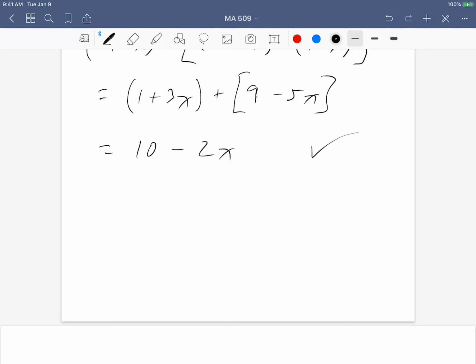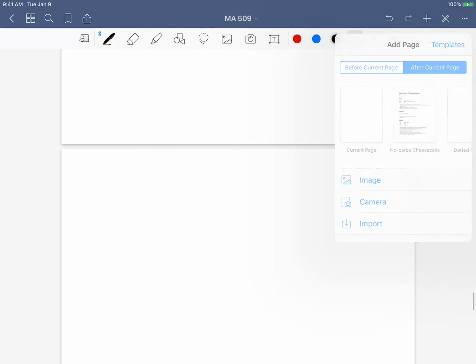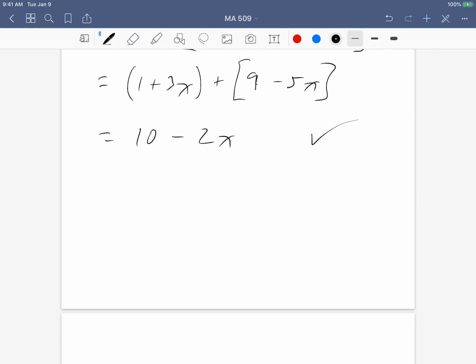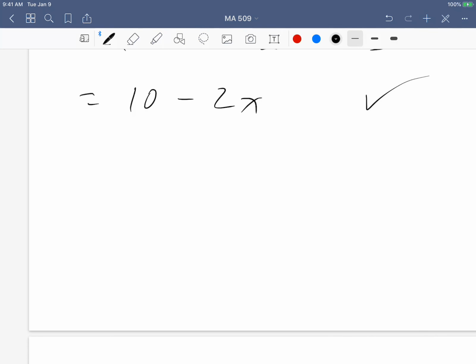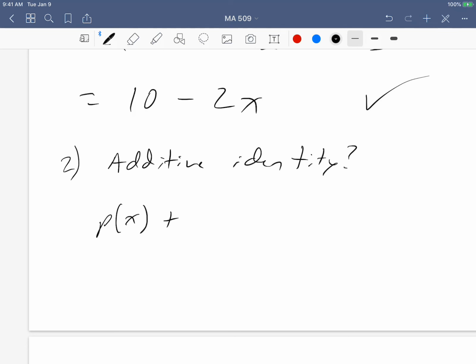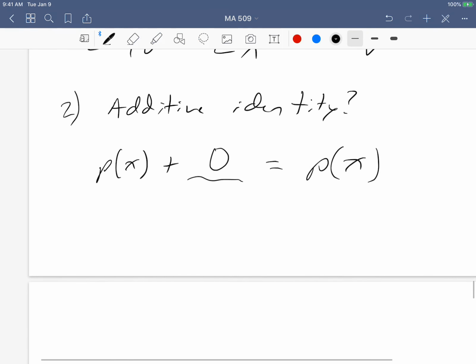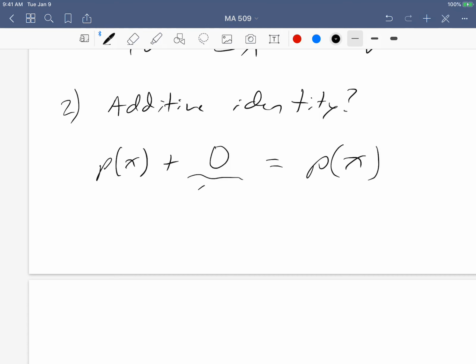All right, so the interesting parts here are those next couple of questions. So what's the additive identity? So this is part 2. What is our additive identity? So I want to be able to add something to a polynomial. If p of x is a polynomial, I want to add something to it so that it doesn't change the polynomial. And I think you know what that is. It's 0, right? But one thing that's a little weird about this is the 0 that's here.